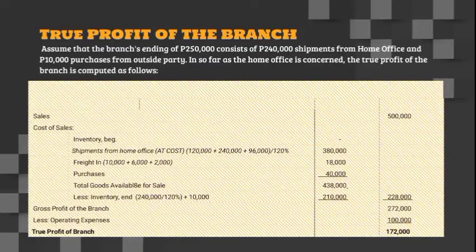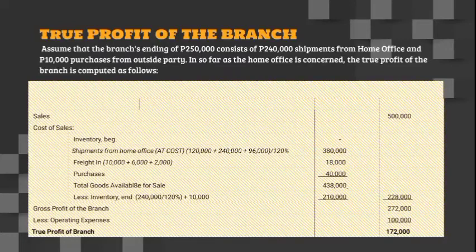Inventory, and we have 240,000. But take note, with the additional information provided above, it says here there is additional 10,000 inventory coming from the outside suppliers. Again, the 240,000 came from the home office, and yes, the markup is also included, so we need to divide it again using the given percentage, which is 120%.